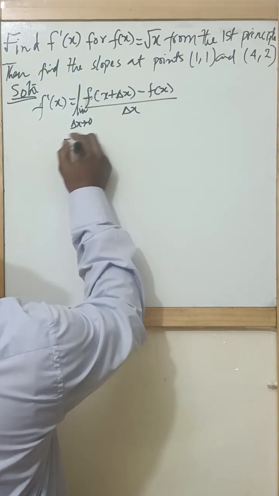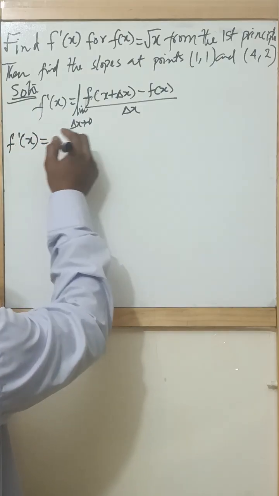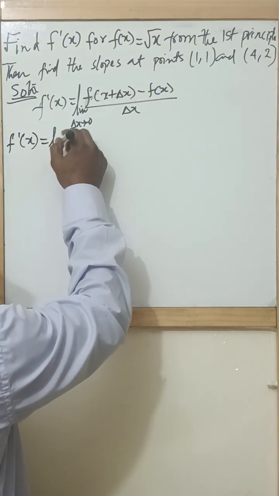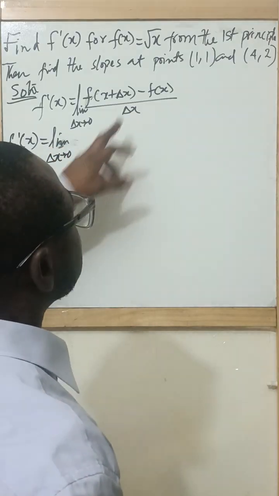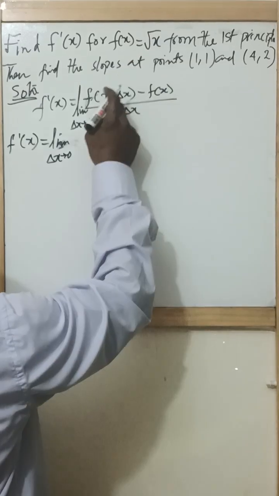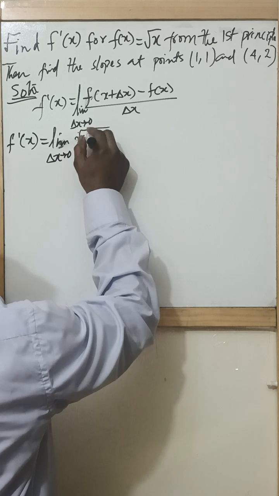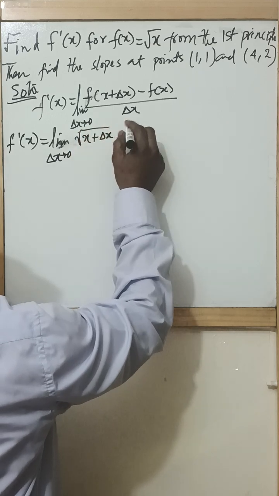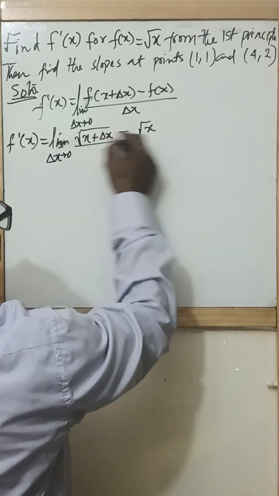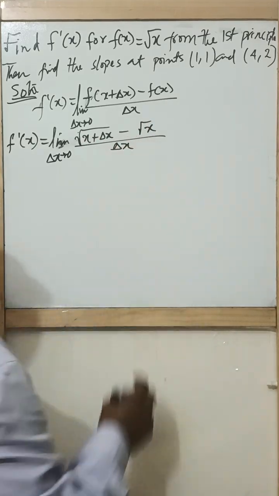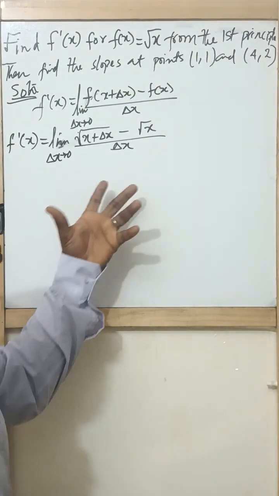So by substitution, f prime of x is going to be the limit as delta x tends to 0 of the square root of x plus delta x, minus f of x, which is square root of x, all over delta x. Right? So this is what we have to do.